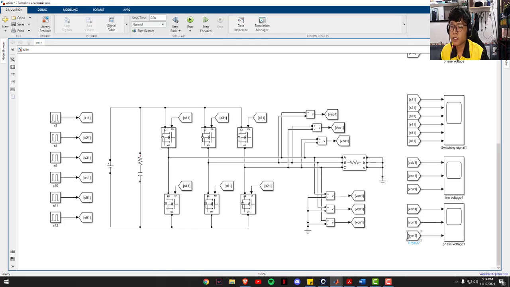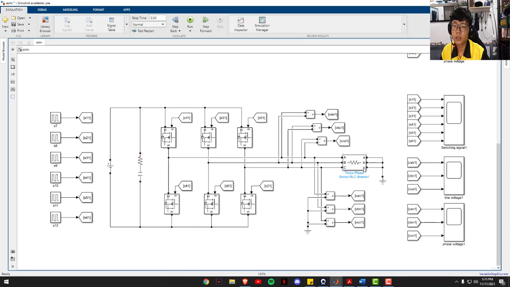This is for the first cycle, from 0 to 60 degrees, where the only MOSFETs that are on, or the switches closed, are S1 and S6. So there will be a current going to the three-phase series RLC branch, and also a current at the B terminal, but there is no switch closed at C, so there will be no current at the C terminal.